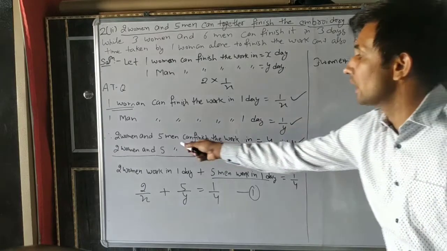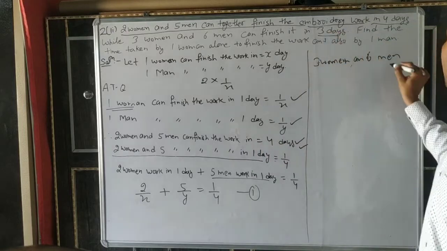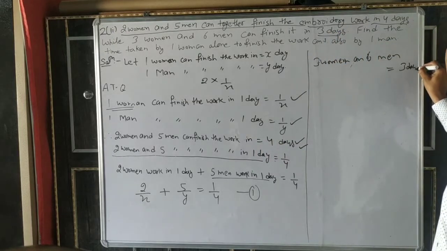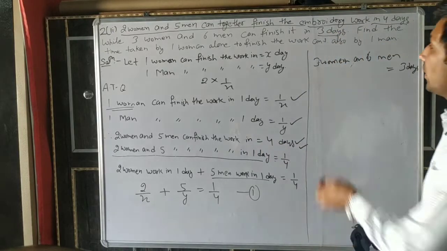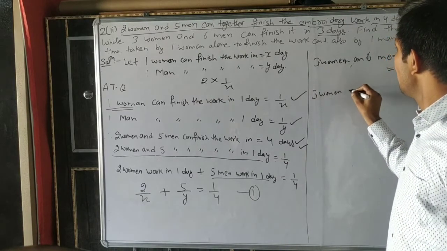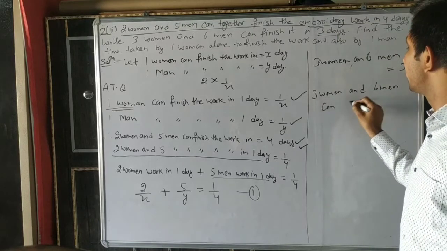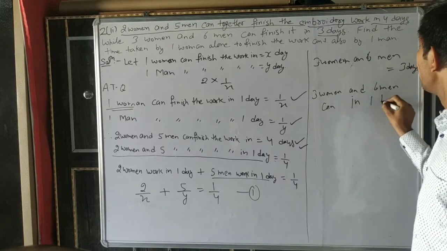Same as it is, you will write can finish the work in 3 days. Same as it is, we will find 3 women and 6 men can finish in 1 day.